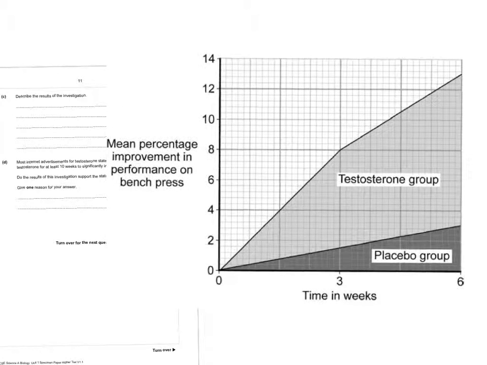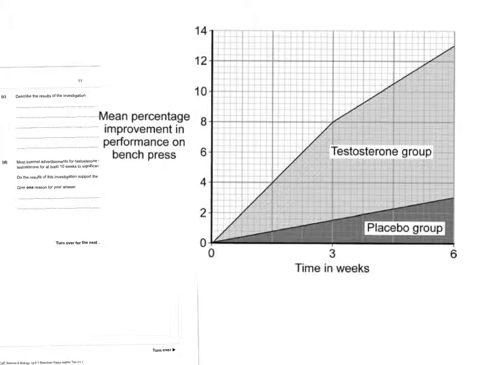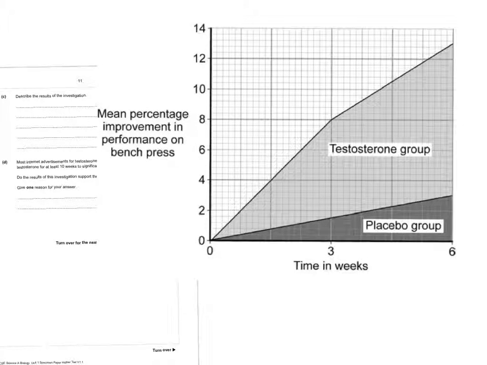It's a 2 marker. Now the trick with any of these sorts of questions is that you need to make sure that you're actually referring to some visible data that's on the graph. We'll look at that part for the 2nd mark, but we can see here we've got 2 lines.